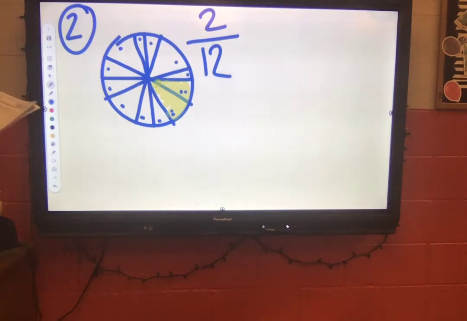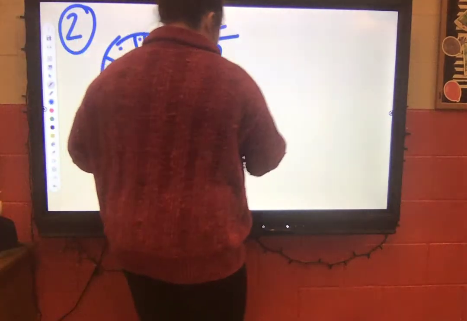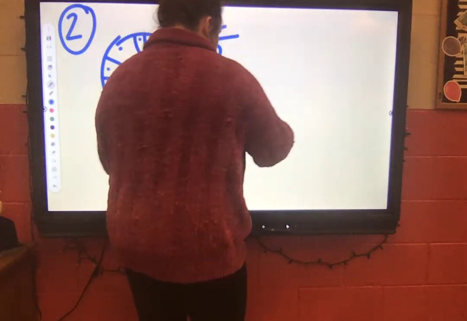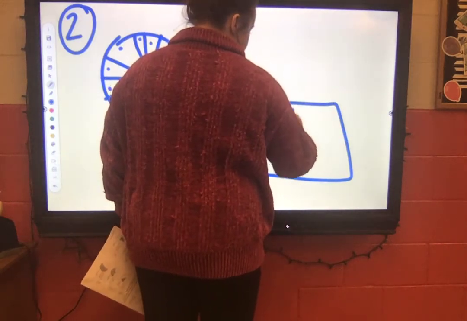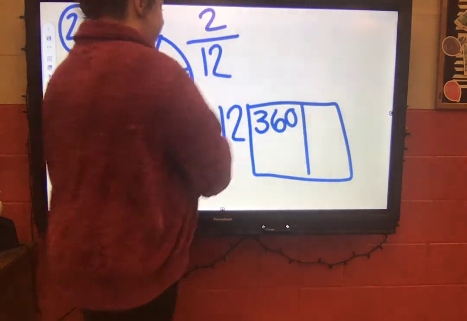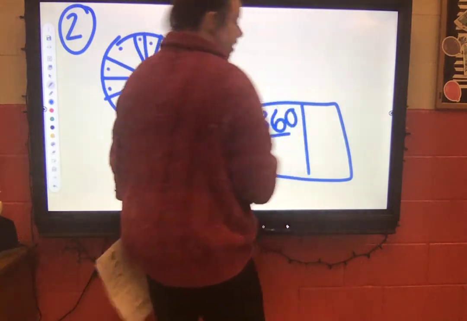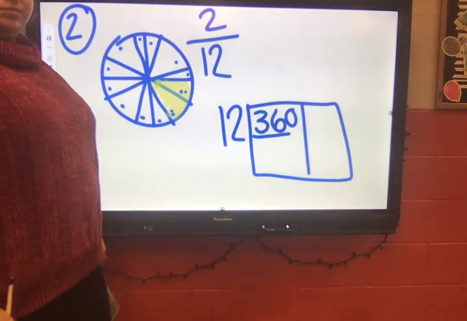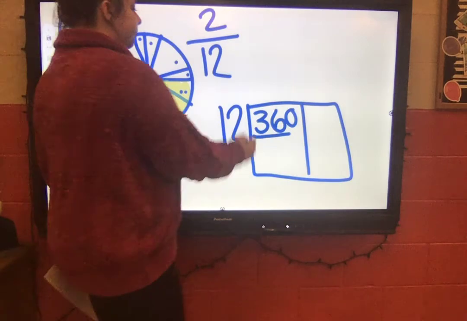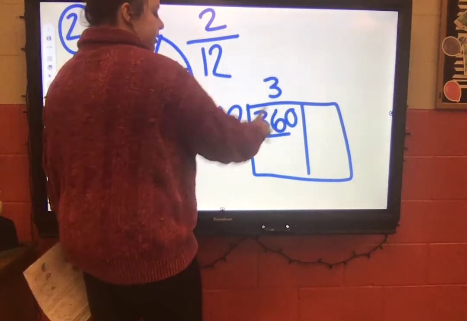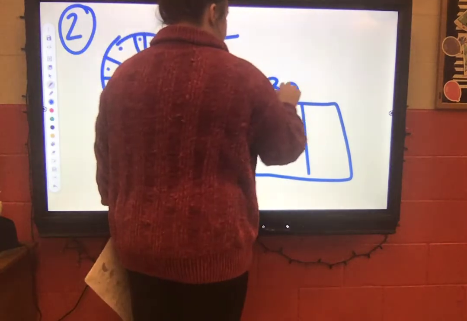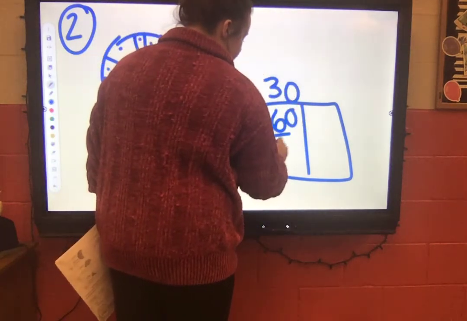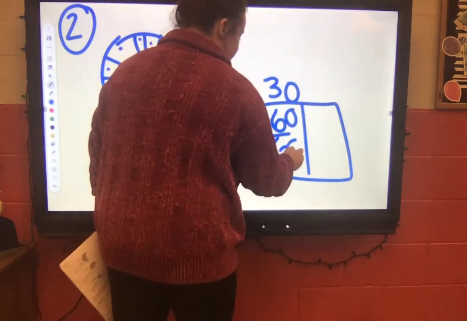So now I need to do my degrees. I'm going to say 12 divided into the total number of degrees in a circle, 360. 12 goes into 36 how many times? 3. 12 goes into 0 how many times? 0. 3 times 12 is 36. 0 times 12 is 0.